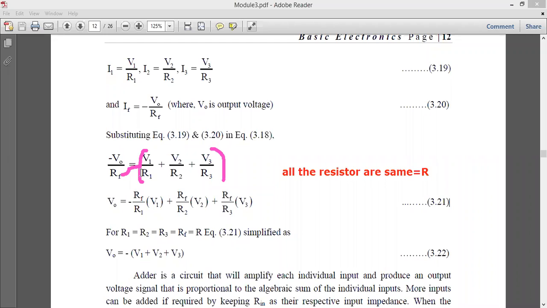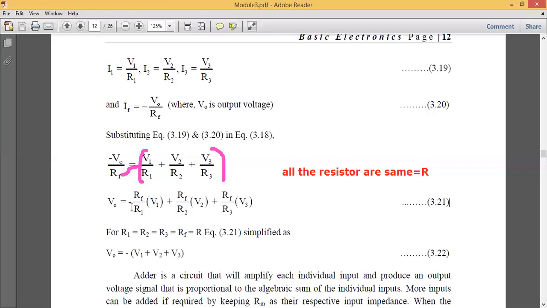These four different resistances are equal to only a single resistance R. So if you do this, what will your new equation be? Instead of RF divided by R1, you substitute R in the numerator and R in the denominator. Both the R will get cancelled, here both the R will get cancelled, and here both the R will get cancelled. So what remains is only V1 plus V2 plus V3.